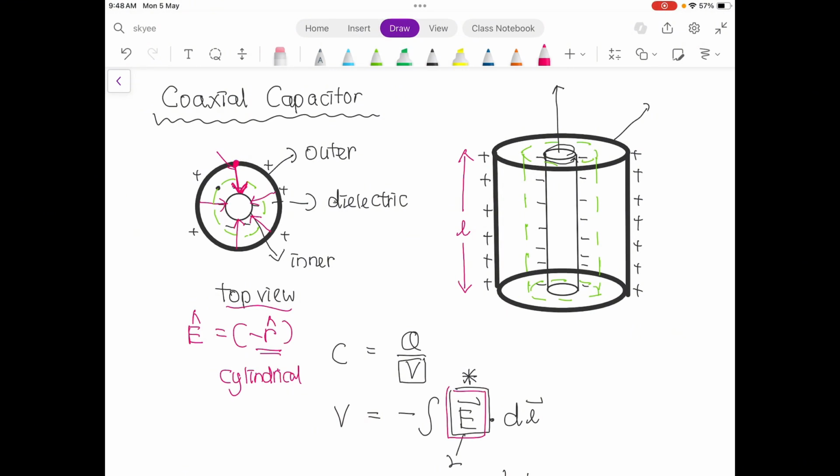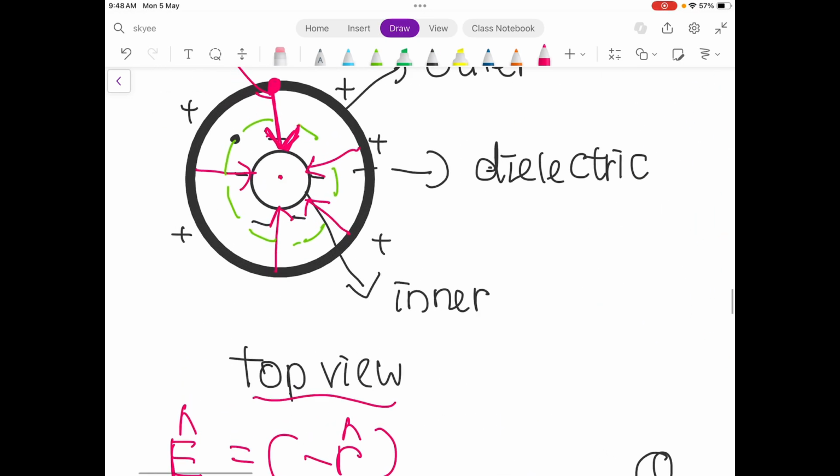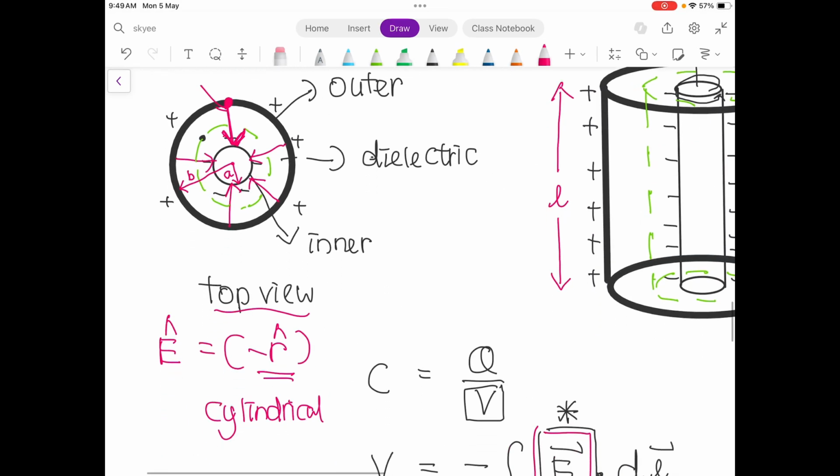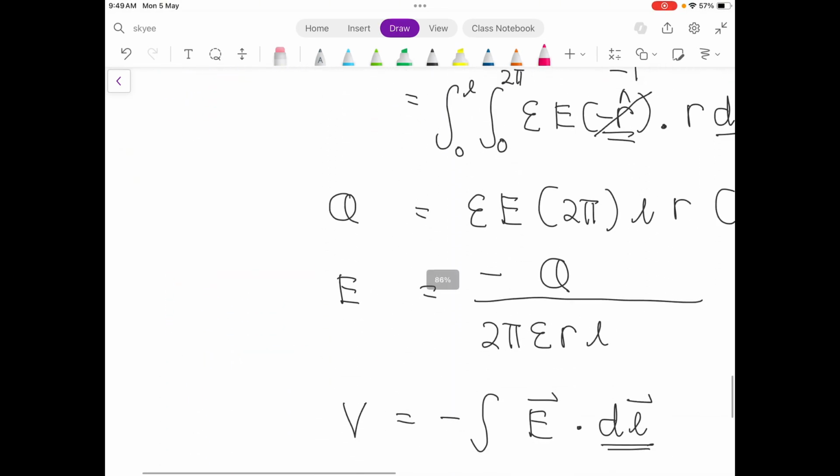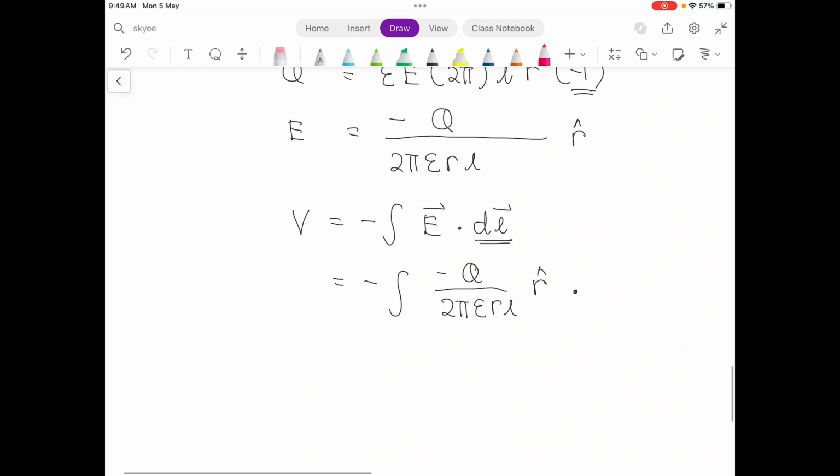So let's say the inner conductor has a radius of A, and the outer conductor has a radius of B. So we will integrate from negative terminal to positive terminal.